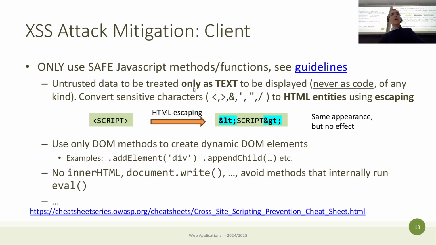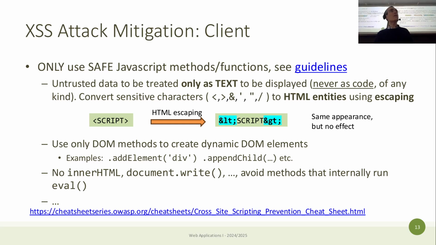Use only DOM methods to create dynamic DOM elements. Don't use innerHTML and strings to create new HTML elements. I know it's really convenient because writing HTML is very fast, right? You just write the HTML code as a string and then let the browser interpret it and construct the DOM.